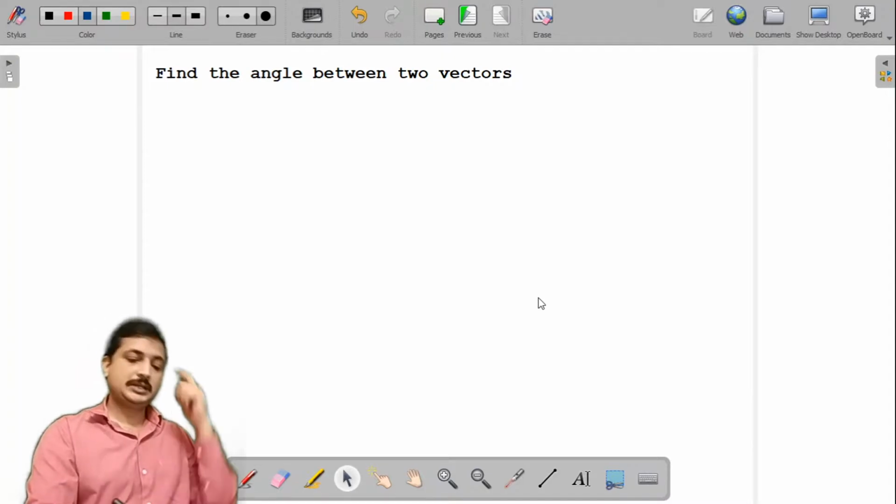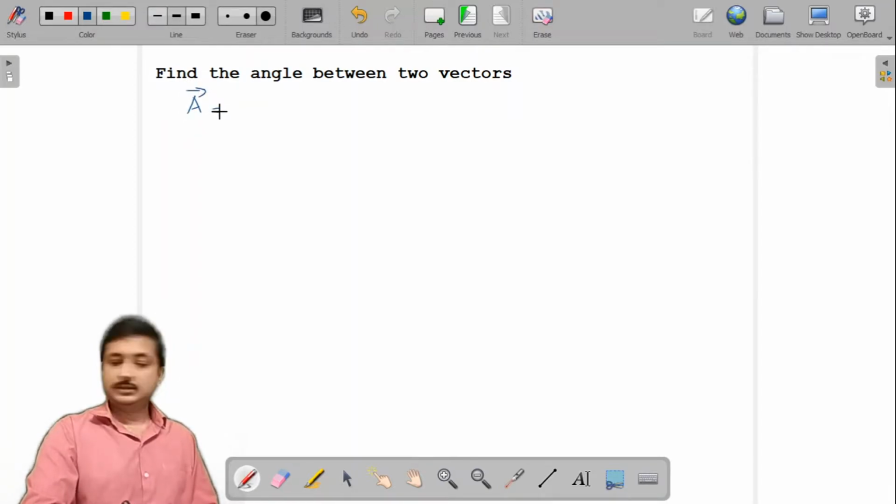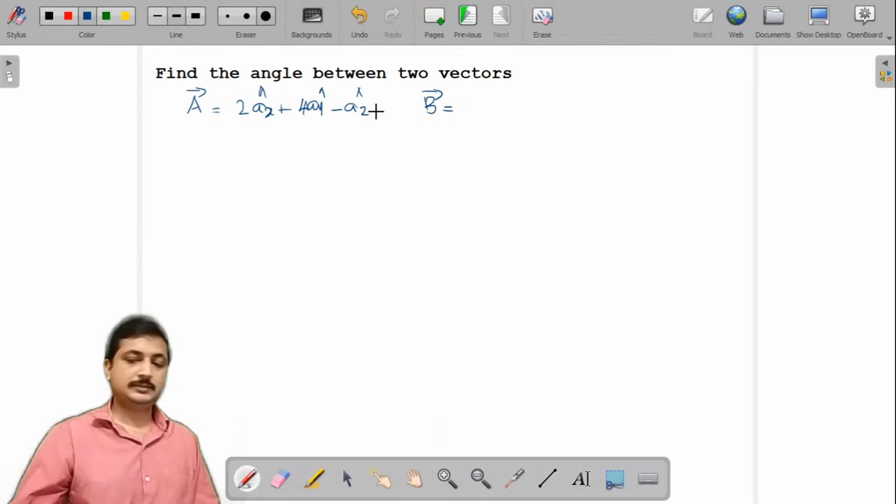For example, consider two vectors. A vector A may be given by 2ax cap plus 4ay cap minus az cap, and B vector given by 3ax cap plus 6ay cap minus 4az cap.